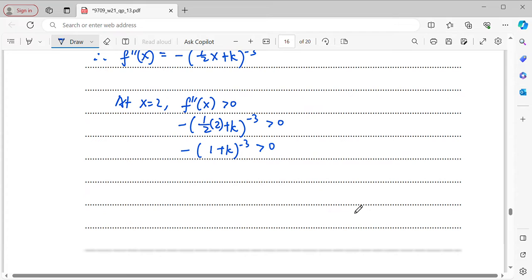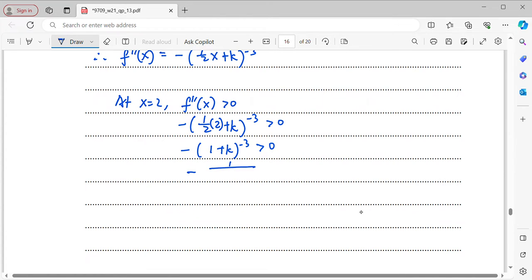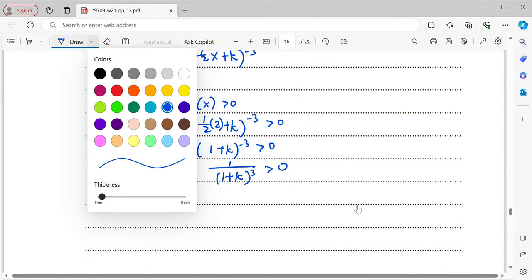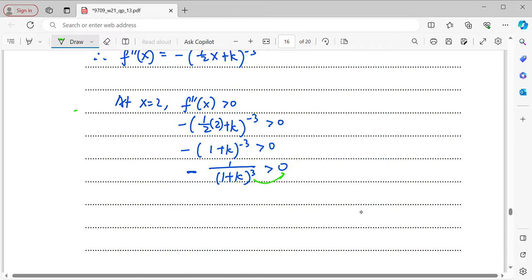So when you see negative degree, which is the negative 3, I will move it down. So negative 1 over 1 plus k to the power of 3 is greater than 0. Then now the negative move to the other side, negative of this is greater than 0.